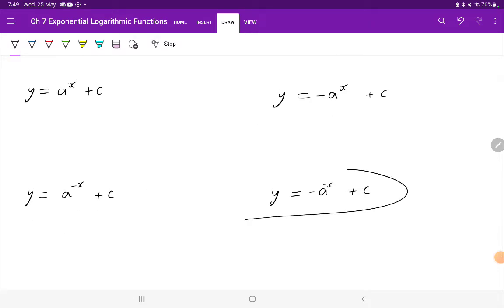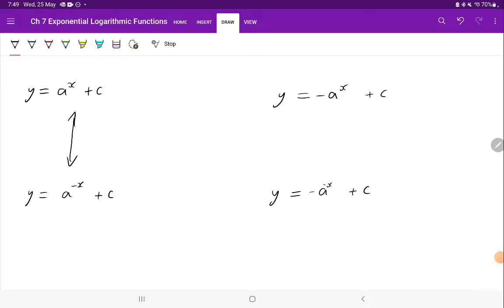So let's have a look at what they're going to look like. Well, for some asymptote, we're just going to get an increasing shape just like that, where it's asymptotically trying to reach the C, but it's not going to reach there. Let's just do it up along the x-axis just to make it nice and easy to look at.